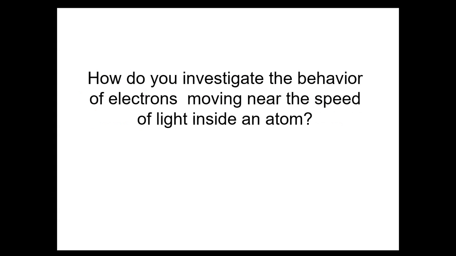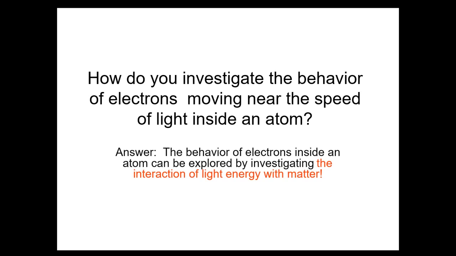Also, we have electrons that are moving so fast, close to the speed of light. How do you examine something that you can't see, and that's also moving very, very fast? The way we do that is by looking at how light interacts with matter, in this case, how light interacts with atoms.